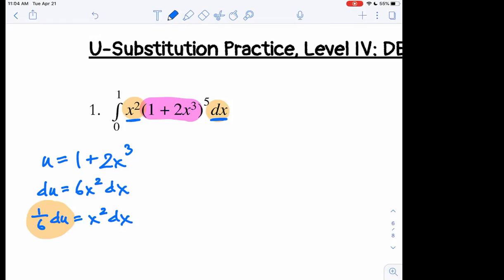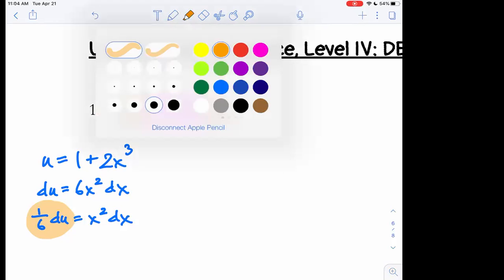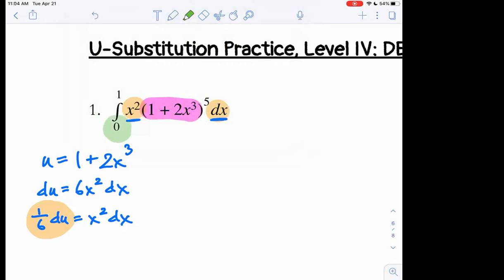But when we have bounds, and this is the method that I prefer, I like to change the bounds to be u bounds instead of x bounds, all right? So here's what I mean by that. This bound on the bottom, 0, is where I'm gonna start finding my area, but only if I'm doing this in terms of x.